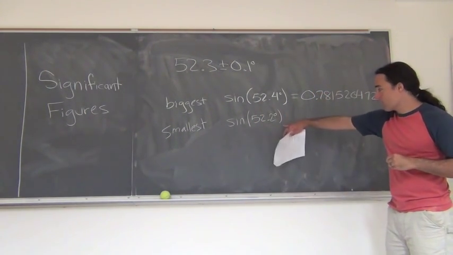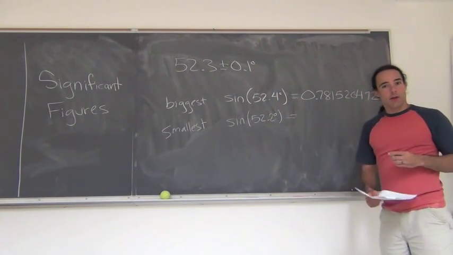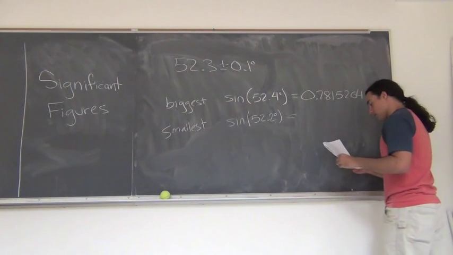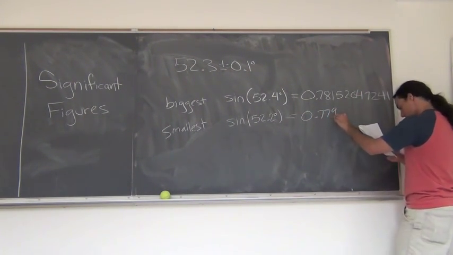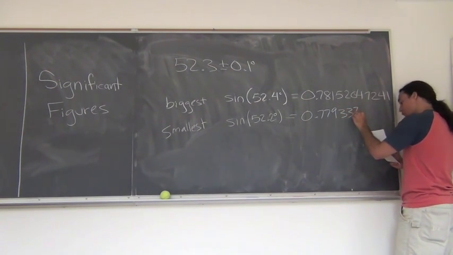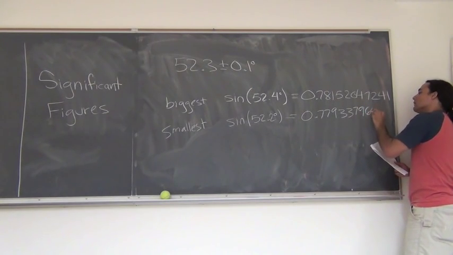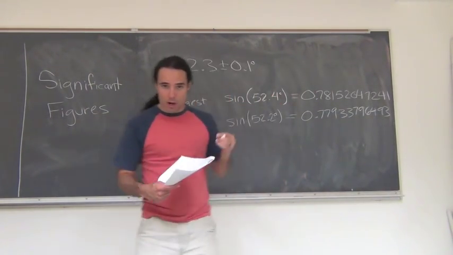That's the smallest the sine can be. If I plug that into my calculator, what do I get? Well, that'll give me 0.7793379649393. There's more digits there, I'm not writing them all out.